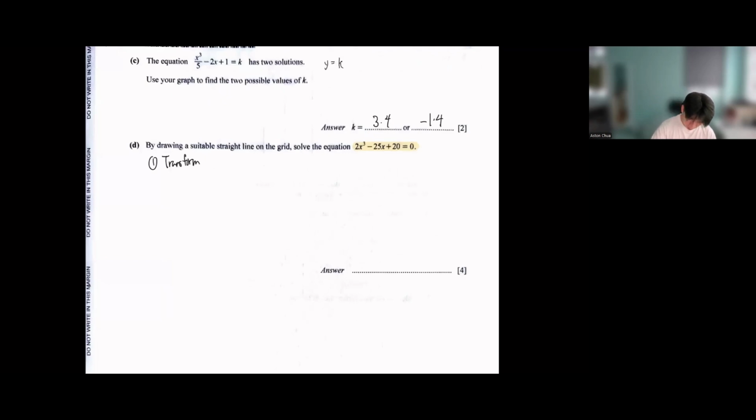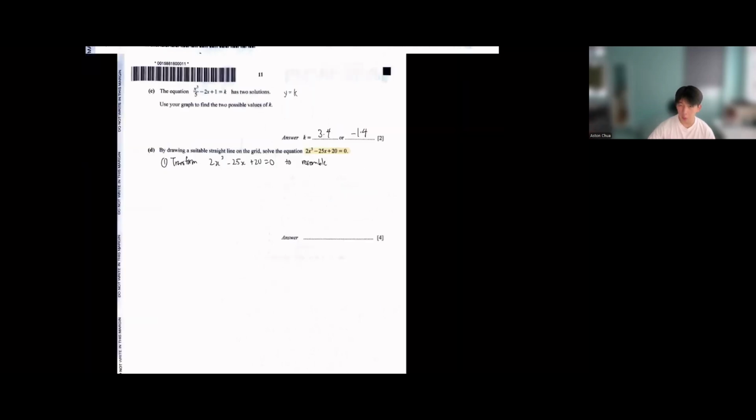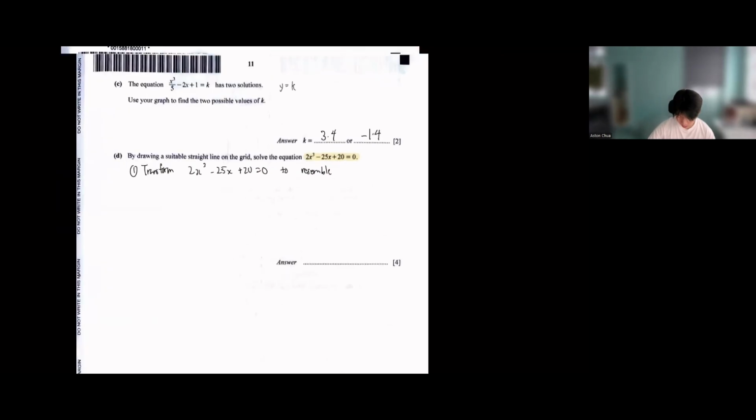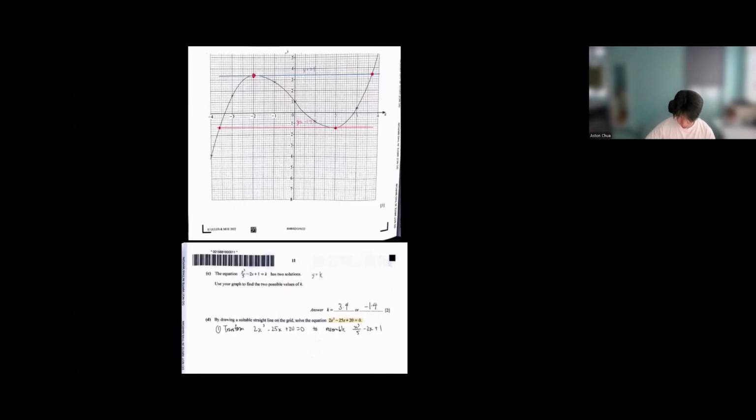The first step is to transform the equation 2x to the power of 3 minus 25x plus 20 equals 0 to resemble the equation for the curve, which is x to the power of 3 over 5 minus 2x plus 1.